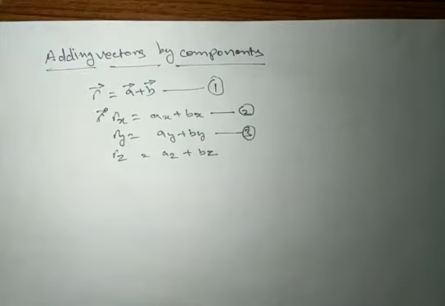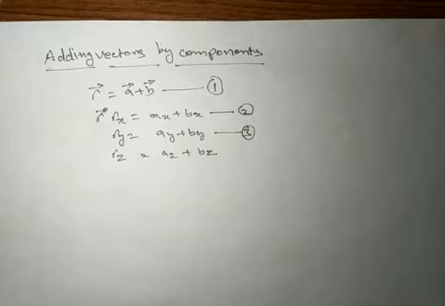So in other words, two vectors must be equal if their corresponding components are equal.